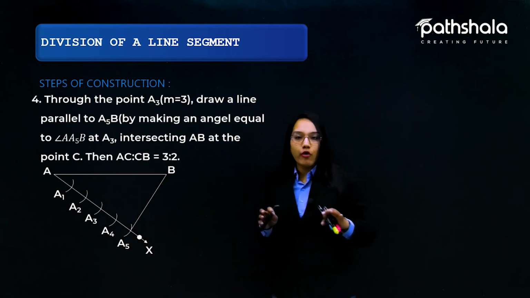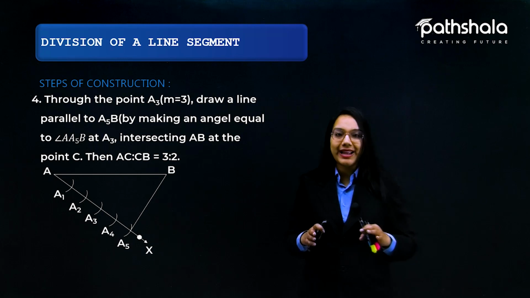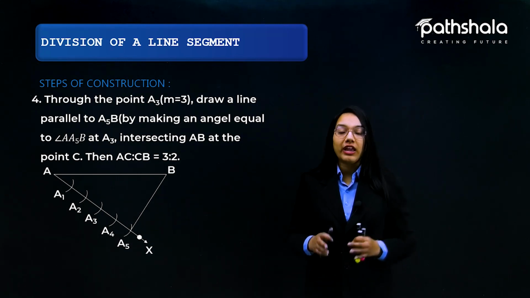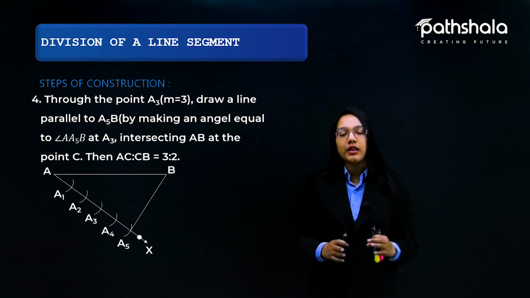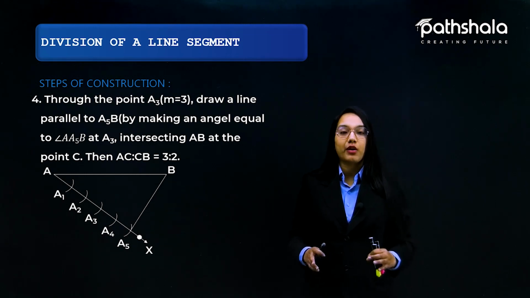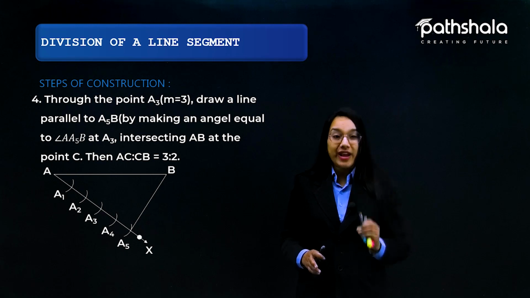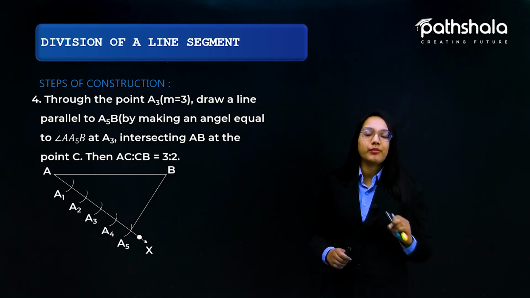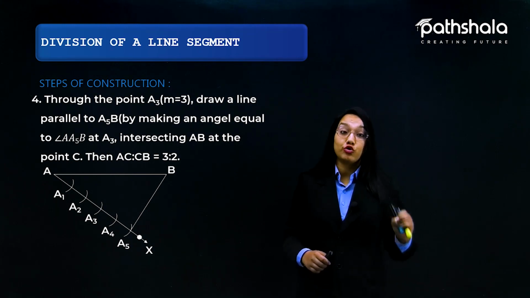Step number 4 says that through the point A3, that is m is equal to 3, draw a line parallel to A5B. This is really an important concept because this will help us find the point exactly at which this line segment is divided in the ratio 3:2.